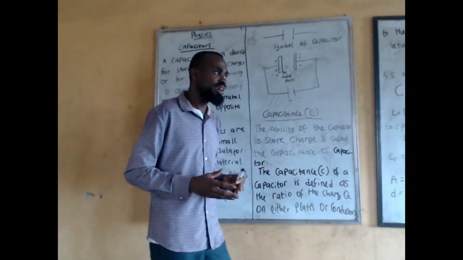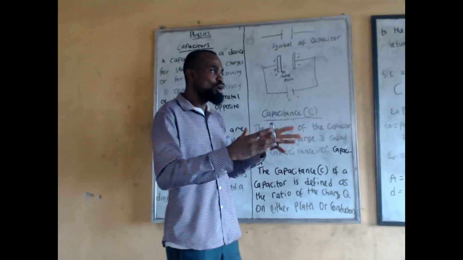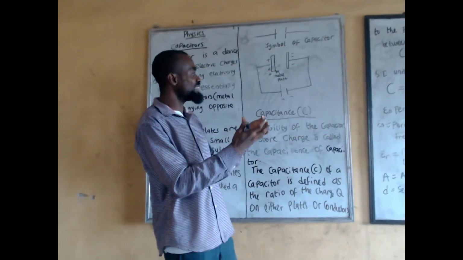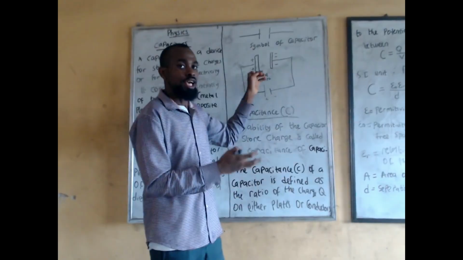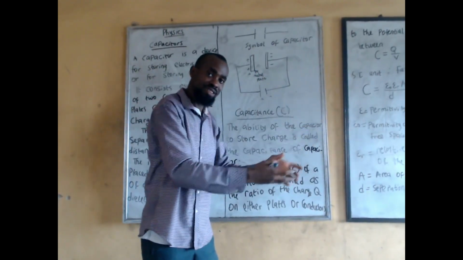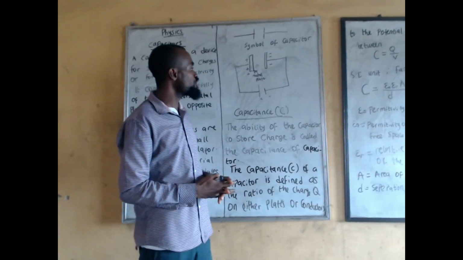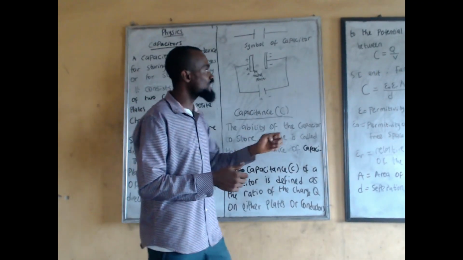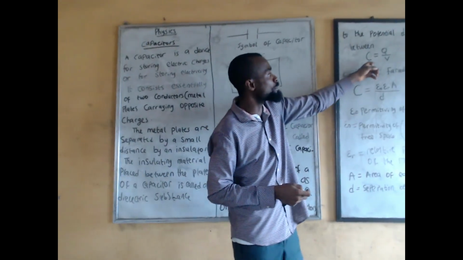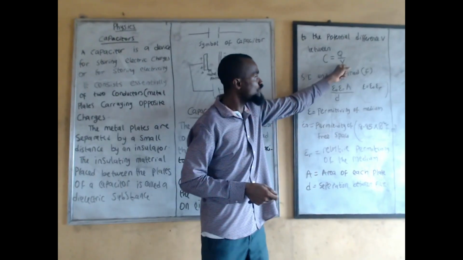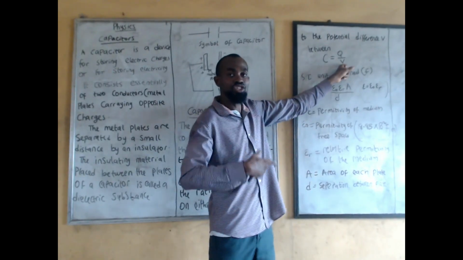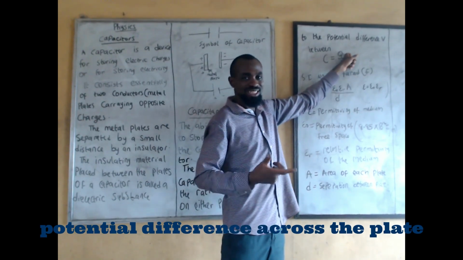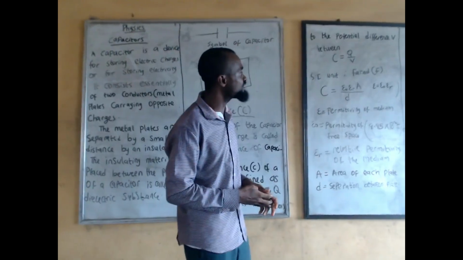That is to say, if you know the charges on the plates and the potential difference across the plates, you can go ahead to get the capacitance of your capacitor. Or if you are given the capacitance of your capacitor, and you know the potential difference supplied by the cell, you can go ahead to know the charges on the plates.